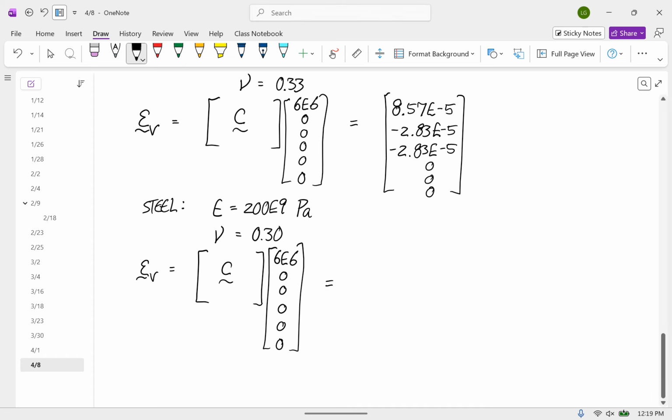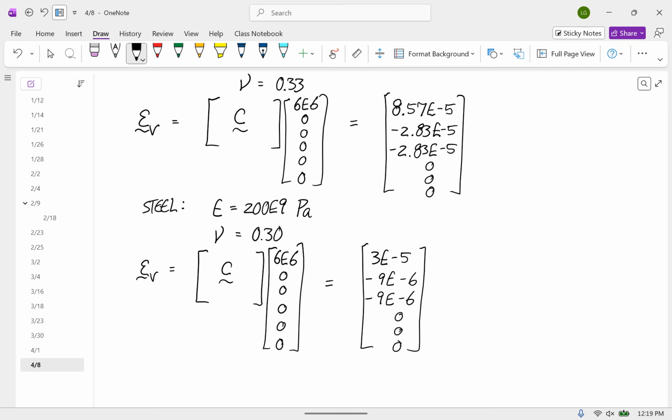And this time we get values of positive 3 times 10 to the minus 5, negative 9 times 10 to the minus 6, negative 9 times 10 to the minus 6, and then 0 for the shear strains. So just like you would expect, under the same amount of loading, you get a bigger deformation for the weaker material, aluminum, and less deformation for the stronger, stiffer material, steel.